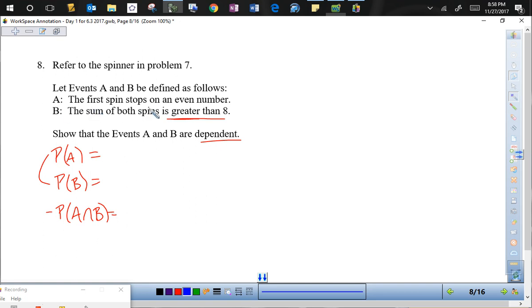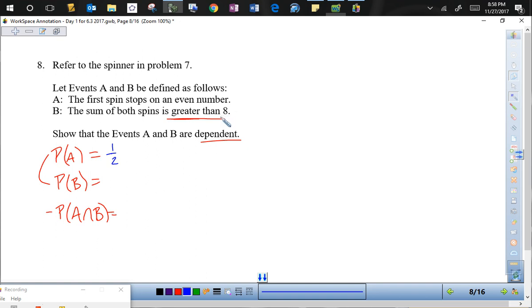The first one, stopping on an even number, just like before, even is half of the number, so 1 out of 2. The harder one is going to be the sum of both spins being greater than 8. Again, we're going to talk about both spins, but it has to be greater than 8.